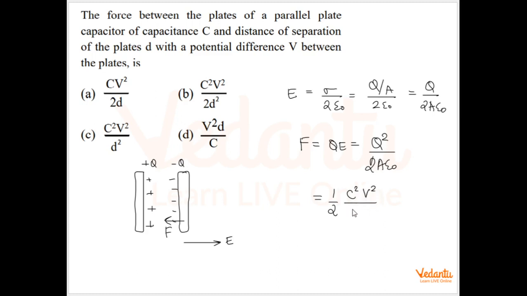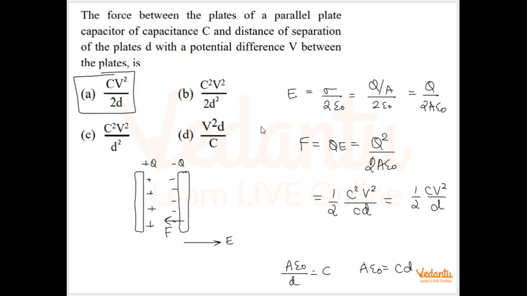And if you remember, A epsilon naught by D is equal to C. So A epsilon naught can be written as CD. This will just become half into CV square by D. So option A would be the correct answer.